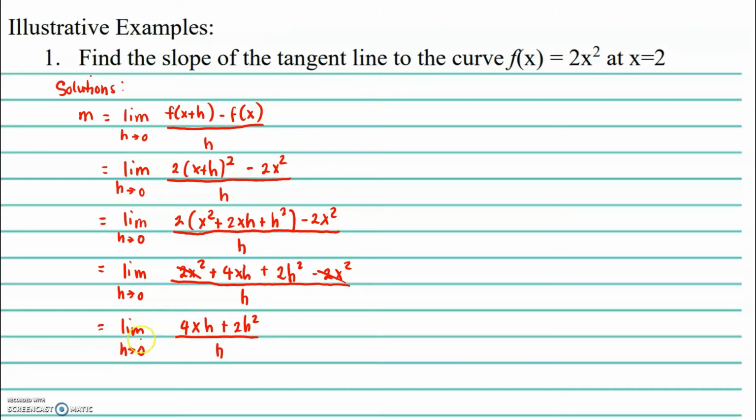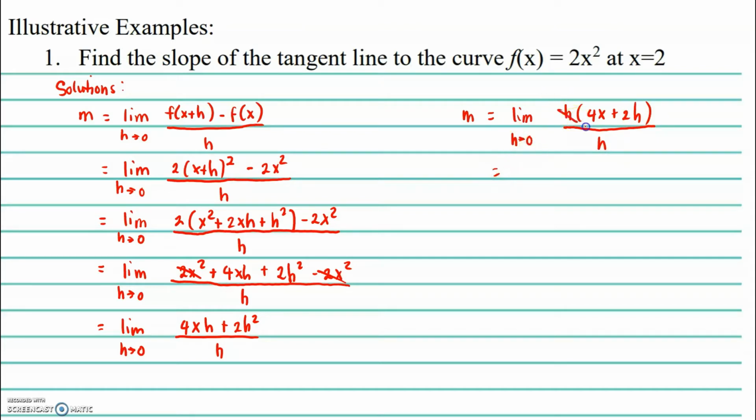Now we cannot plug in 0 yet to h because it will make our expression undefined. So we will have to factor out the numerator. Continuing, we have m is equal to the limit of h times 4x plus 2h over h as h approaches 0.